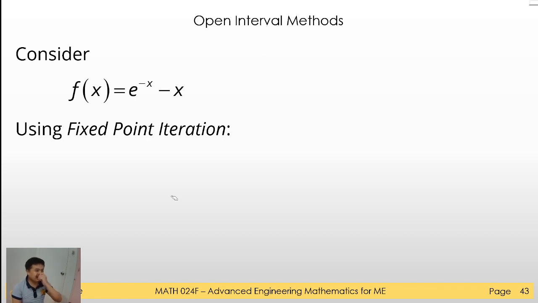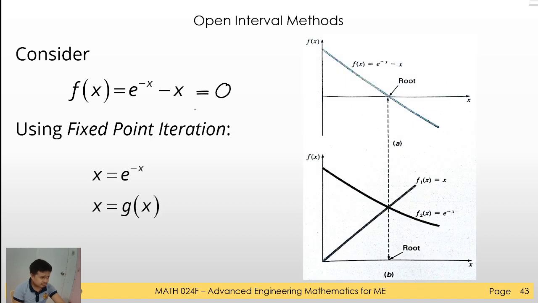So let's say we have this function again: e raised to negative x minus x. If we want to find its root, we want to find where the function is equal to 0. Using fixed point iteration, we can manipulate this function such that we transpose the negative x to the other side, so this becomes e raised to negative x is equal to x.